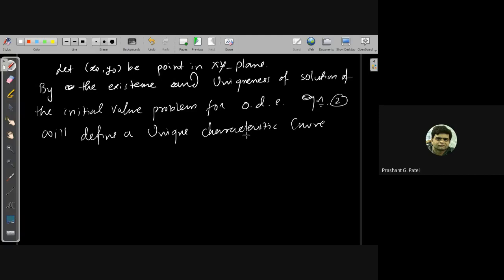So whatever the solution is, it is a unique characteristic curve, that is x of t is equal to x of x0, y0, t, and y of t is equal to y of x0, y0, t.